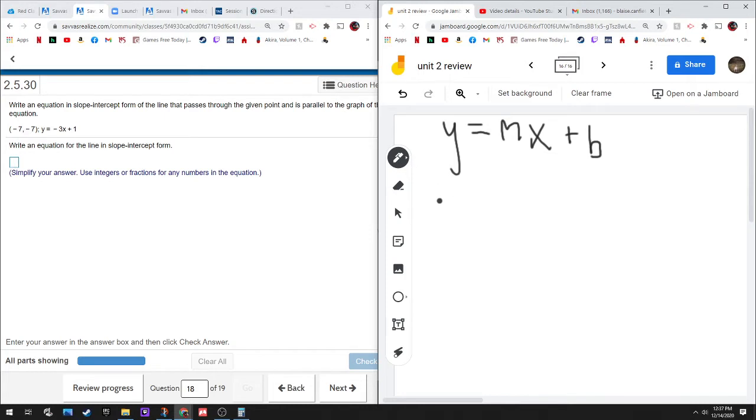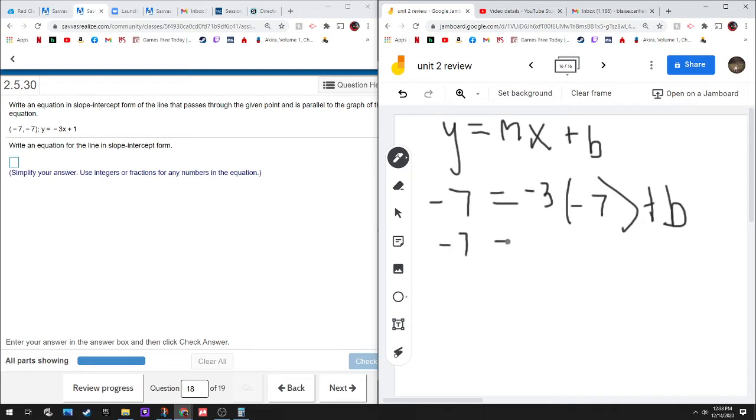X and y are both -7. Wait, but what's m? It says it passes through this point and it's parallel to this graph. What does parallel mean? Same slope. What's the slope here? My slope is -3. So m is -3.